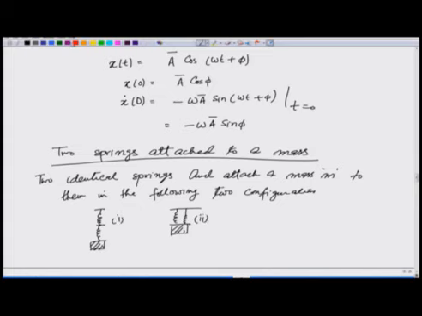Then we say find the frequency of oscillation of mass m in the two cases. Keep in mind, whether I keep the spring vertical or horizontal, it does not really matter.